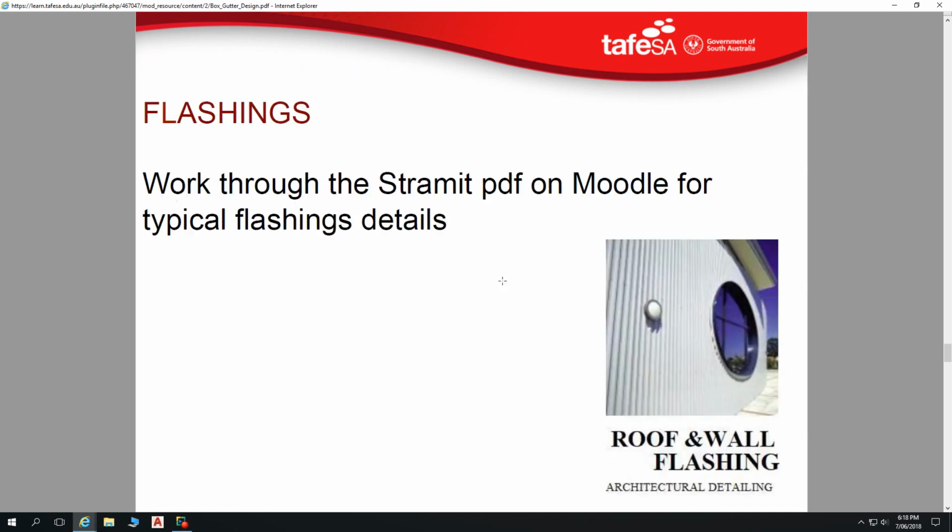Also included on Learn is the Stramit PDF for flashing details for various different standard flashing designs. You can fairly much design any flashing you want for any scenario, but Stramit have got a PDF which has been included on the Learn site there that includes standard details for bends, etc. of flashings.